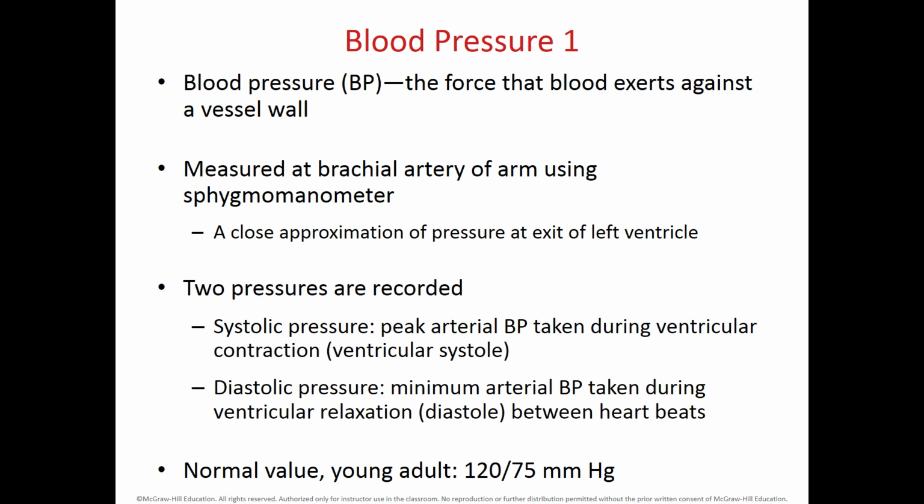So what is blood pressure? Blood pressure is the force that the blood exerts against a vessel wall. Blood pressure is measured by a sphygmomanometer or barometer, usually at the brachial artery that is located in the anterior part of our elbow.